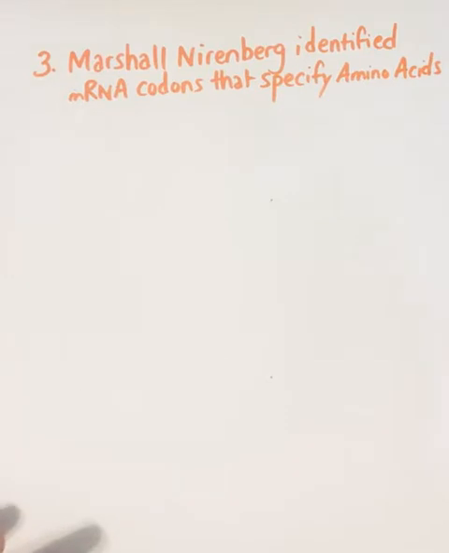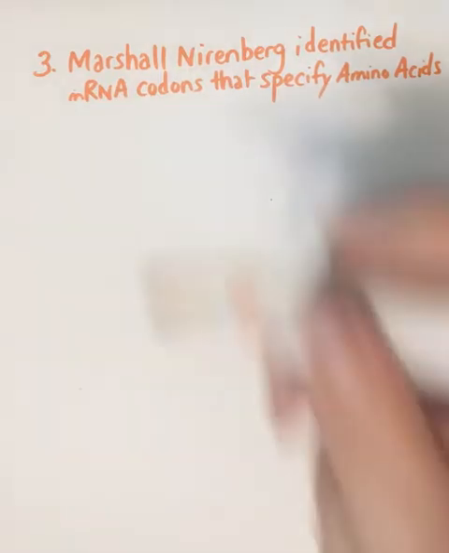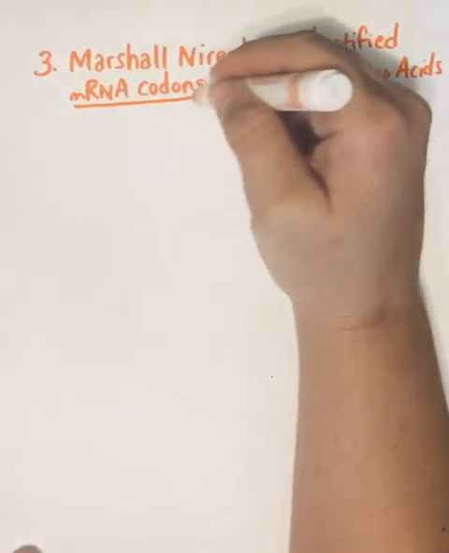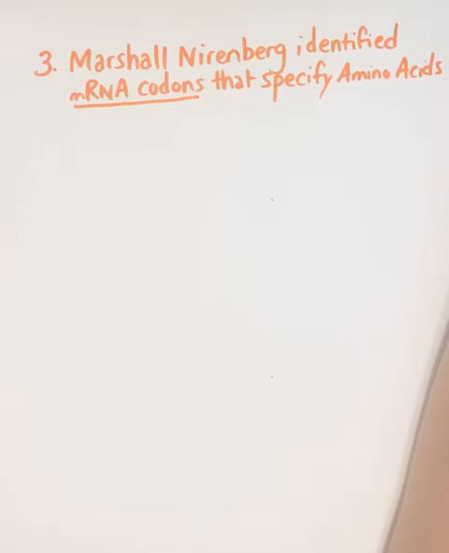Now there's different variations of the genetic code, which is the mRNA, to help you figure out which amino acids are used. Some people use a box, others are going to use a circle, but basically he figured out all the mRNA codes that can code for amino acids.